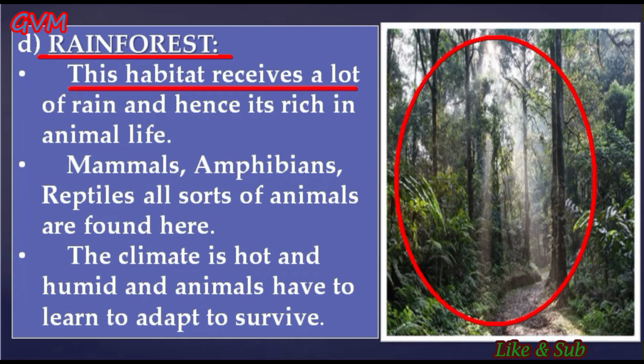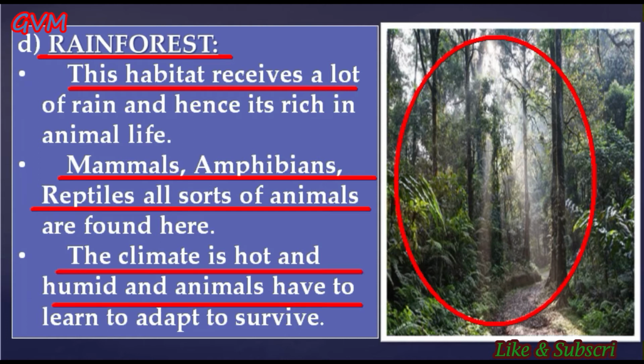And students, as I said, these areas receive heavy rainfall, and that's why different kinds of mammals, amphibians, reptiles and all sorts of animals you can find here easily. And students, the climate here in rainforest is hot and humid, and so that's why in these rainforests animals have to learn to adapt to survive in these environmental conditions.